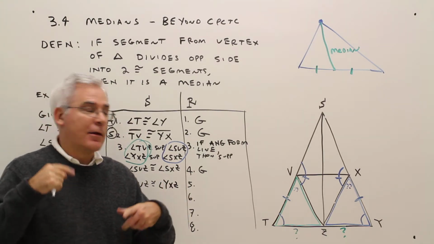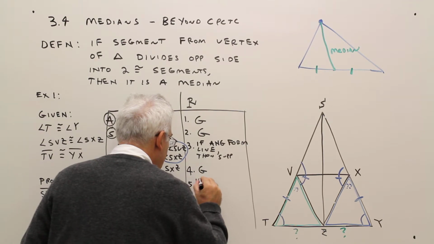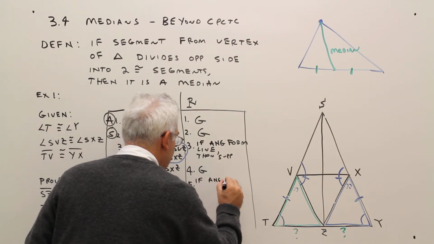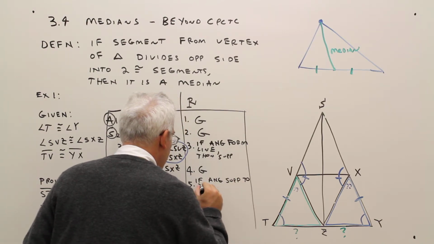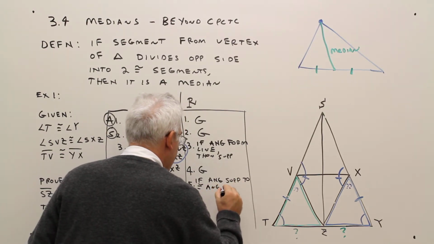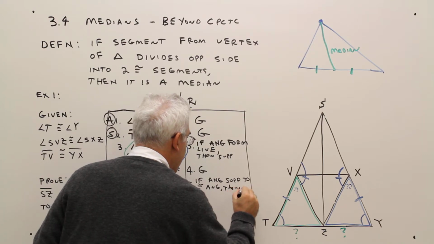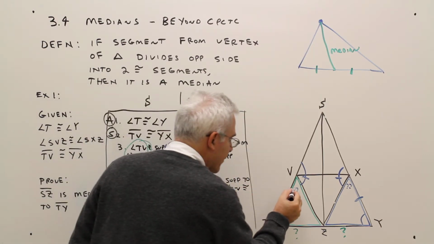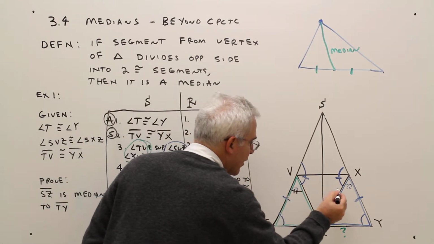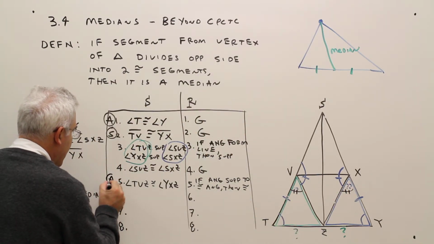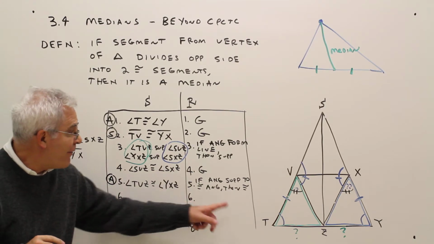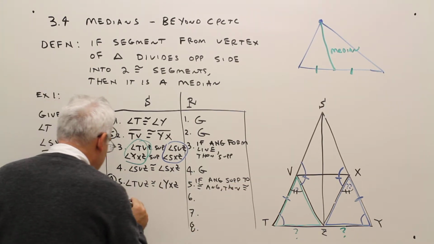All right, I'll write it down. If angles are supplementary to congruent angles, then congruent. So I just got those angles to be congruent. So that would be the A. I now have the triangles congruent by ASA.